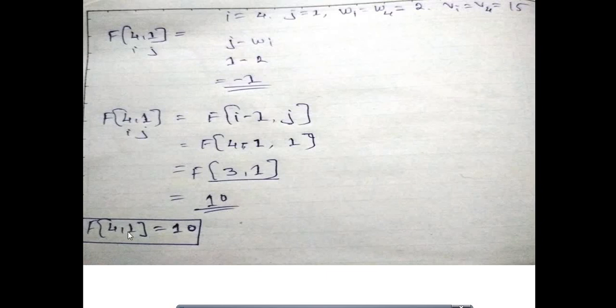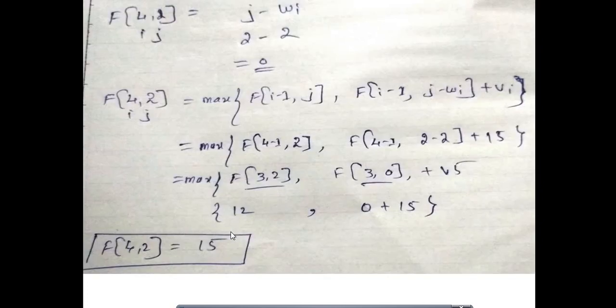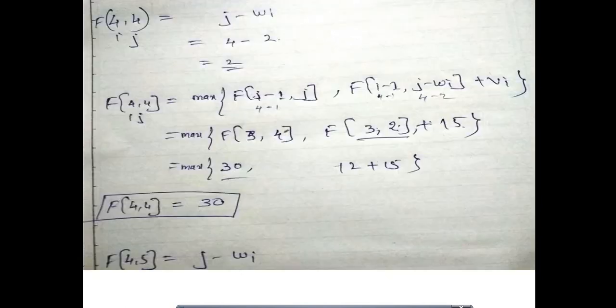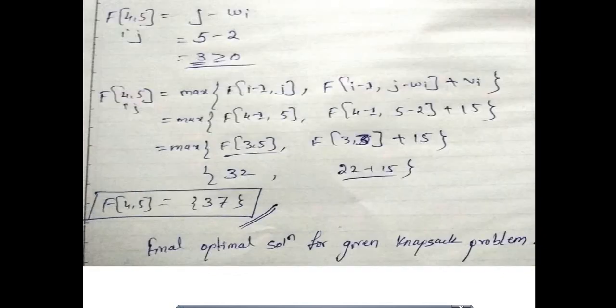Update 10 in fourth row first column. Now fourth row second column, fourth row fourth column, and finally fourth row fifth column. What is the answer? 37.